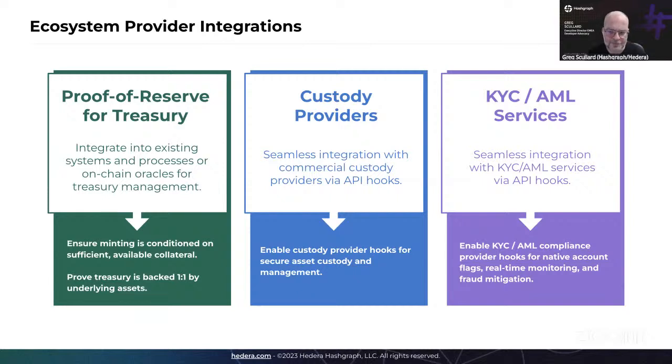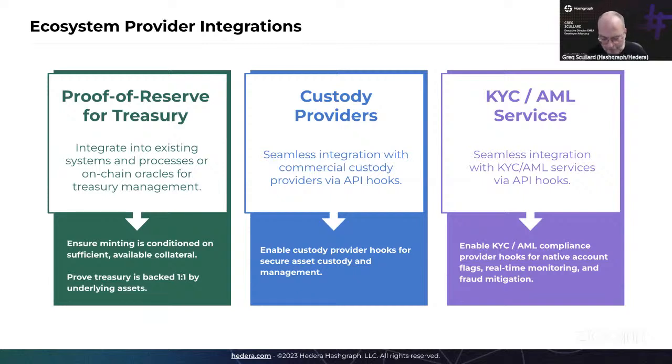And the first is proof of reserve for Treasury, as I said. So we have pre-integrated the Chainlink recommended way of doing proof of reserve. We are working with a number of our custody provider partners to have them pre-integrated into Stablecoin Studio as well.